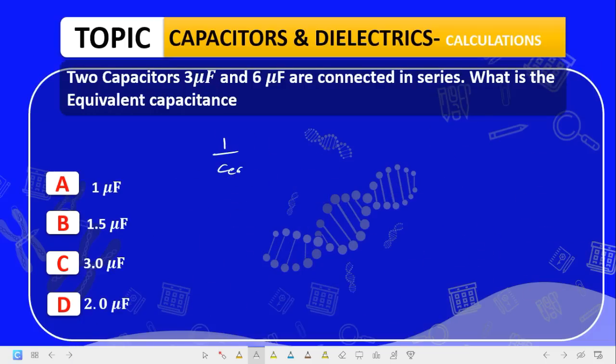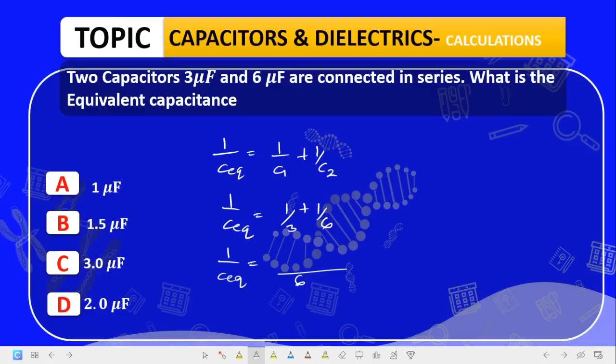1 over CEQ is equal to 1 over C1 plus 1 over C2. That will be 1 over CEQ equals 1 over 3 plus 1 over 6. 6 is the LCM. 6 divided by 3 is 2, times 1 is 2, plus 6 divided by 6, that will give us 1. So 1 over CEQ is 3 over 6.